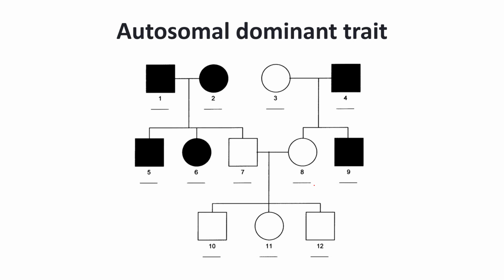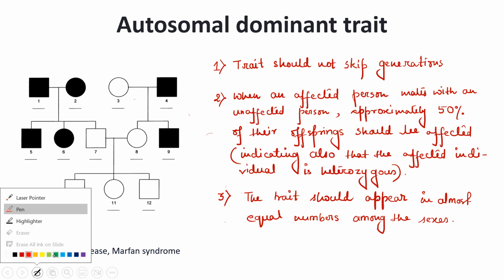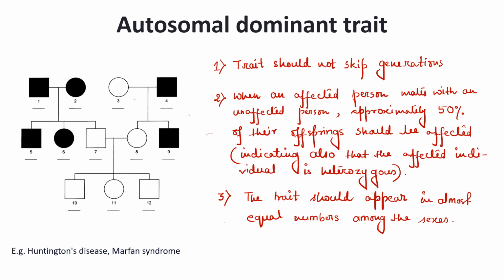This is a diagram for an autosomal dominant trait. What happens here? The trait should not skip generations.